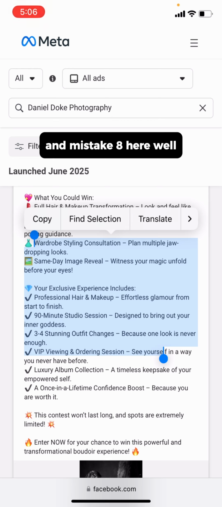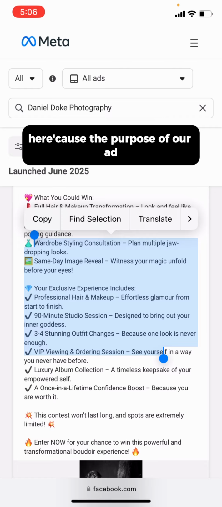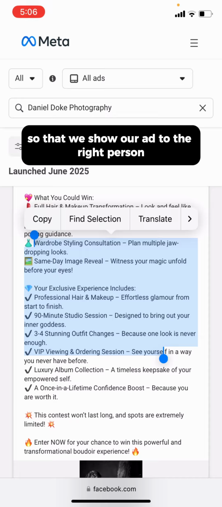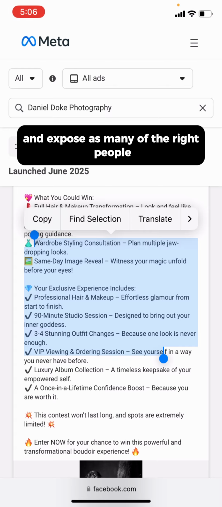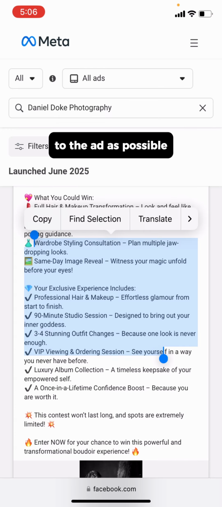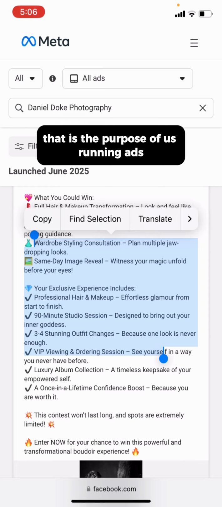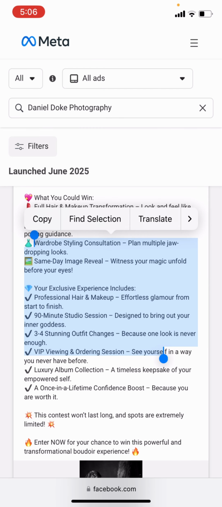And mistake 8, well, it's a mistake if it's not done, is that we need to have the full offer here, because the purpose of our ad is to provide the right context so we show our ad to the right person and expose as many of the right people to the ad as possible. That is the purpose of us running ads.